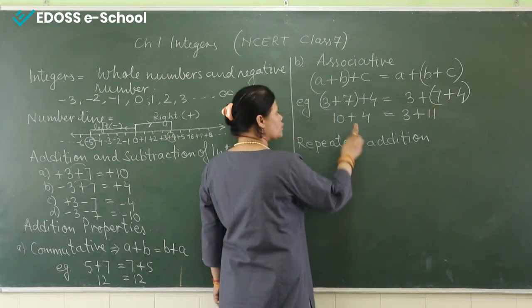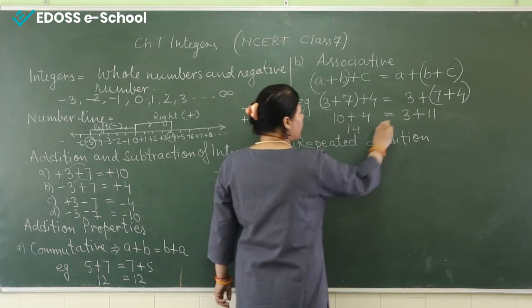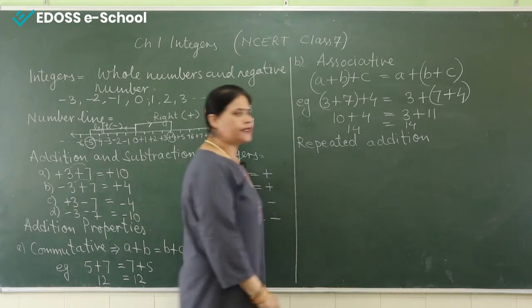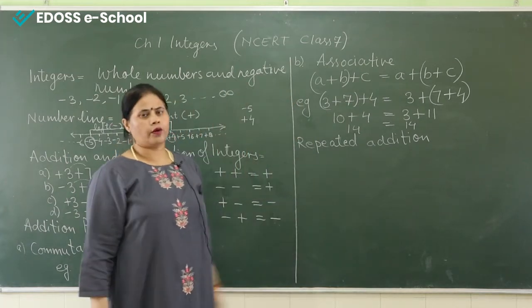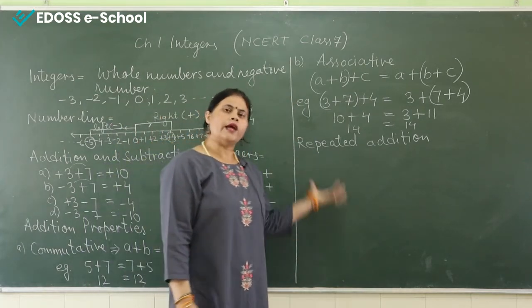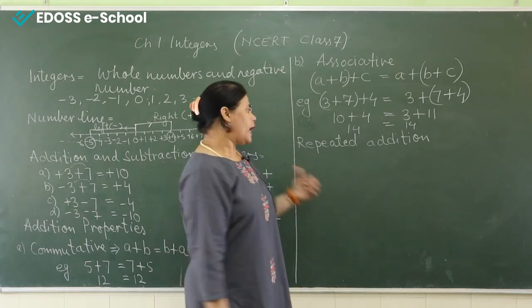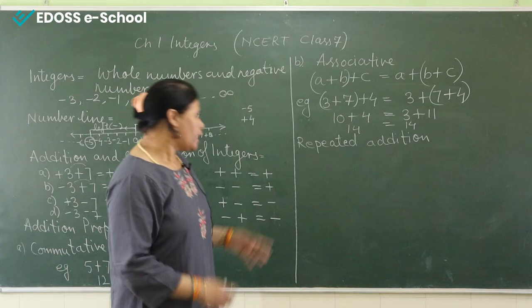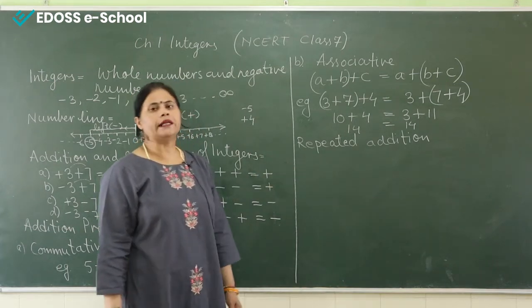When we solve these two, 10 plus 4 is 14, and 11 plus 3 is 14. It means both the sides are equal in the associative property. So in the associative property, we are taking three integers, and in the commutative property, we are taking two integers, right?